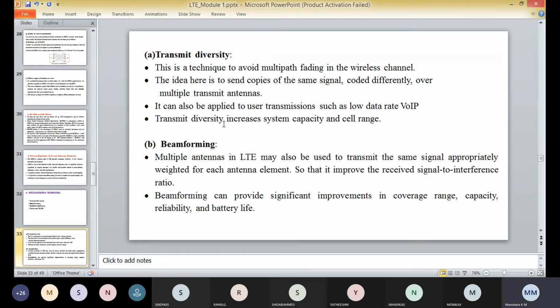And next we are having beamforming. Here the multiple antennas can be used in the same direction such that it focuses the transmitted beam in the direction of the receiver and away from interference, thereby increasing the signal to interference ratio.